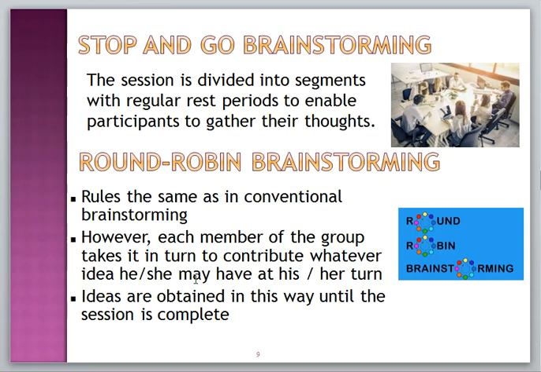Each one writes down his or her ideas, and we have a turn here. Ideas are obtained this way until the session is complete, so that each and every one will talk in some turn. So this is called round robin, and of course the first thought introduced affects the following ones, and so on.